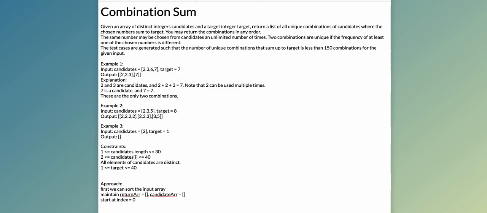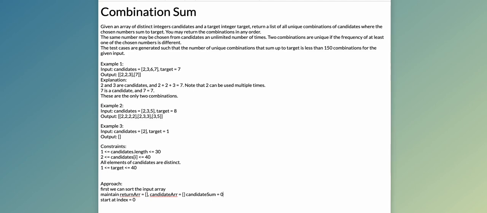So now we start at index 0, we can add candidate 0, and we also have the current sum, the candidate sum, which we initialize to 0.